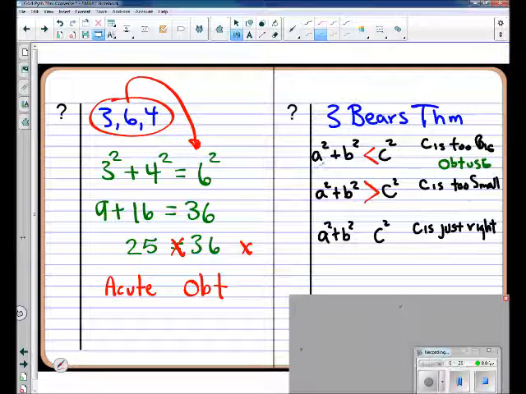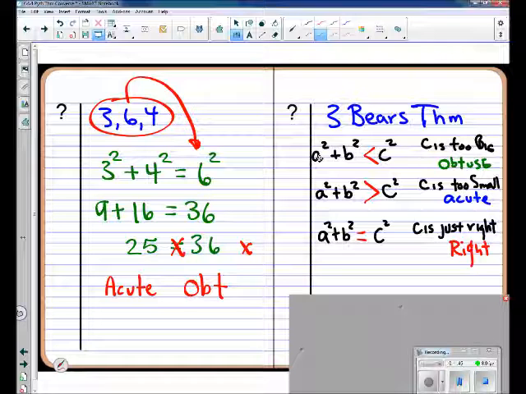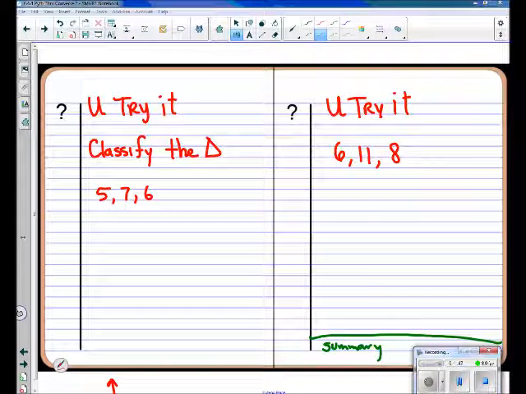And if it turns out that the C side, when I square it and compare it to a squared plus b squared, is too small to be equal to a squared plus b squared, then it's an acute triangle. And then finally, if I find out that a squared plus b squared equals c squared, then it's right. Now, I hope that you understand why I call it the three bears theorem. It's either too big, too small, or just right.